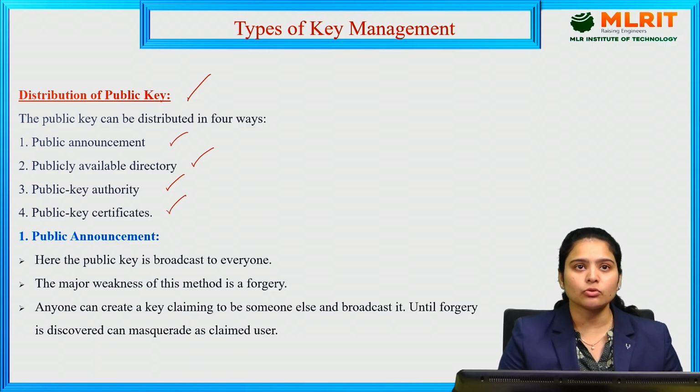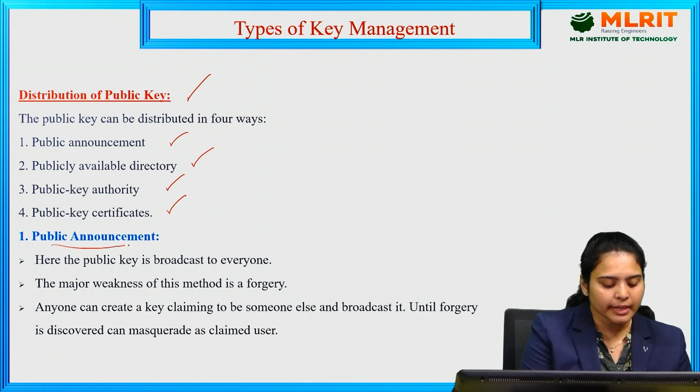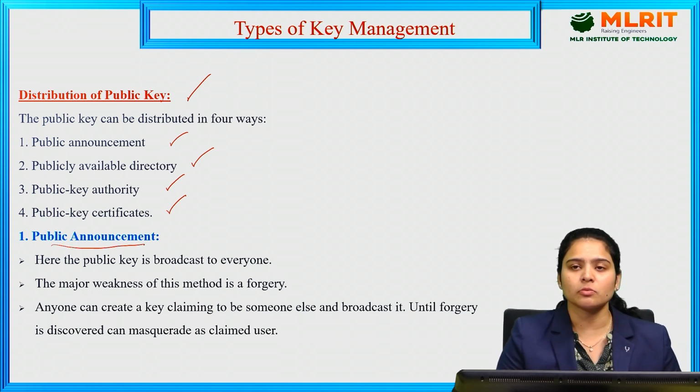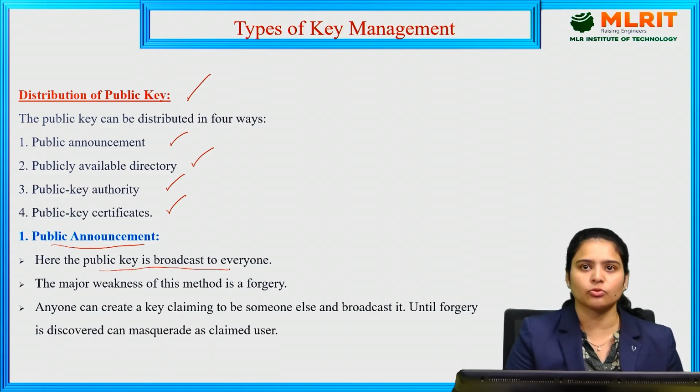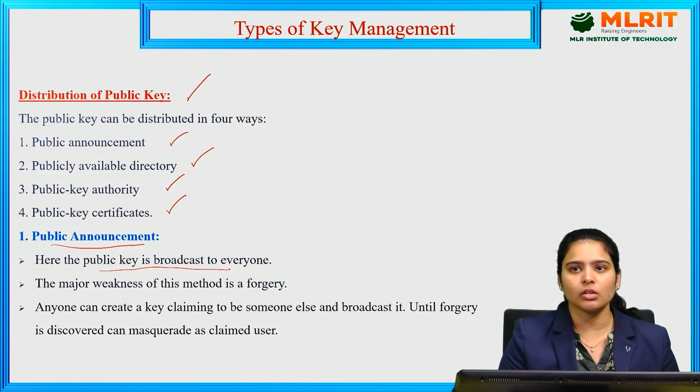Coming to the first part, public announcements. Private means we keep our information secure to ourselves only. Public means it is visible to everyone, and it should be a public key. Here the public key is broadcast to everyone, not only to ourselves.